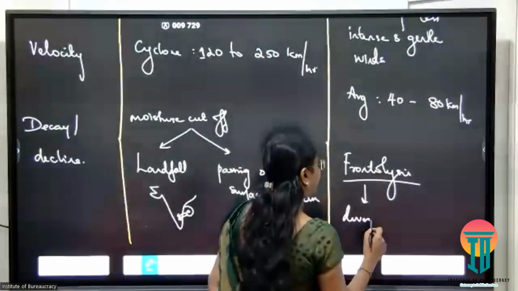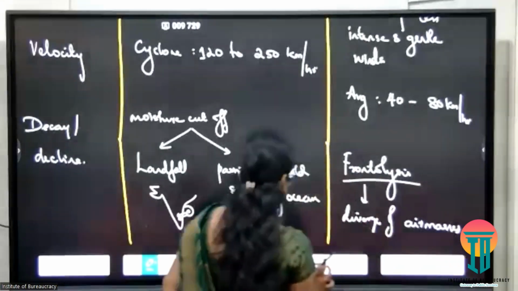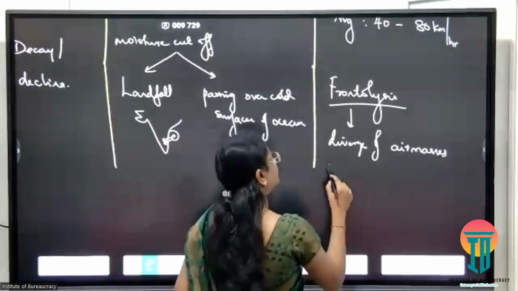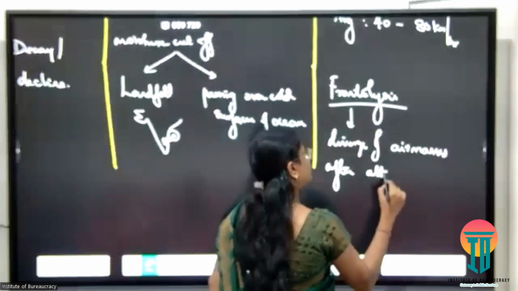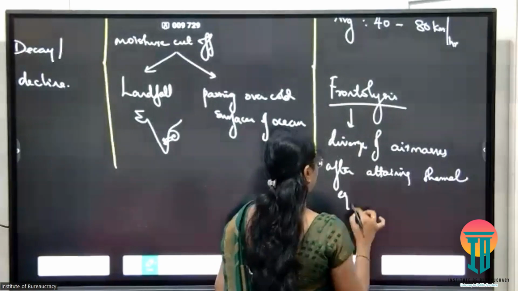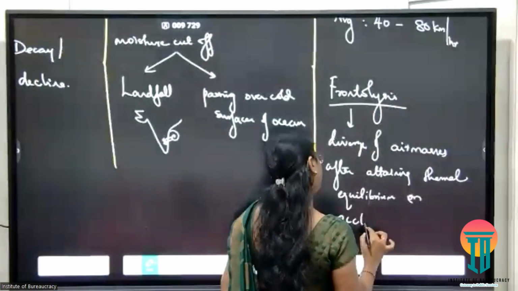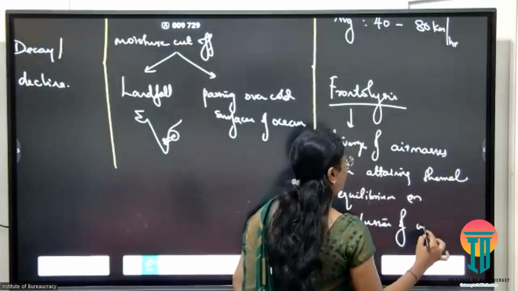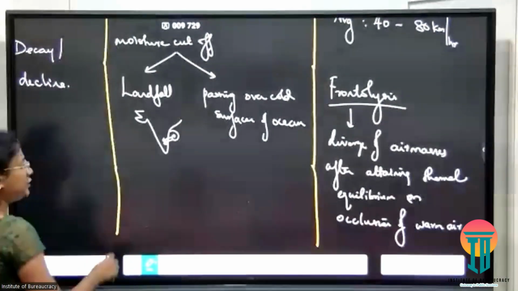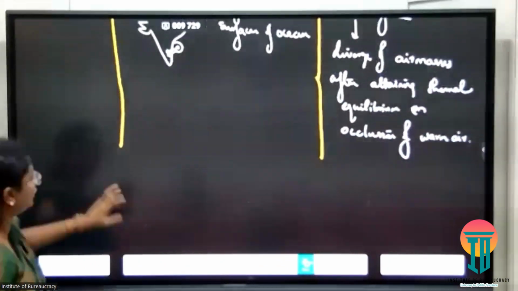The divergence of air currents, air masses after attaining thermal equilibrium, or occlusion of warm air. These are the aspects in which the dissipation or decline can happen. Okay. So, இன்னும் ரெண்டு மூணு facts இருக்கு.